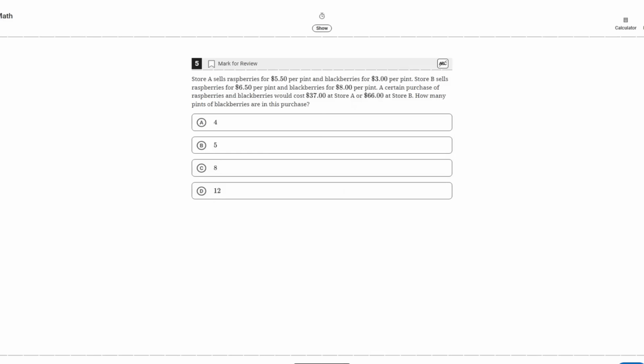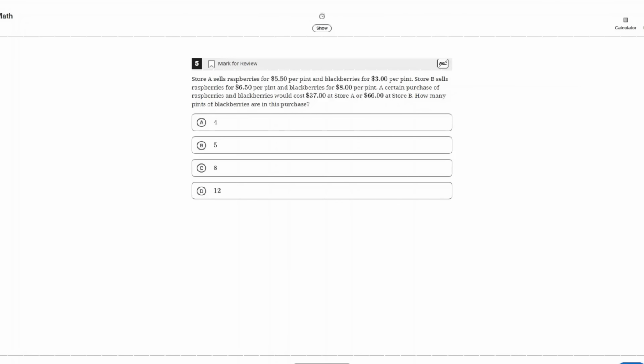Next one. Store A sells raspberries for $5.5 per pint, and blackberries for $3 per pint. Store B sells raspberries for $6.5 per pint and blackberries for $8 per pint. A certain purchase of raspberries and blackberries would cost $37 at store A and $66 at store B. How many pints of blackberries are in this purchase?